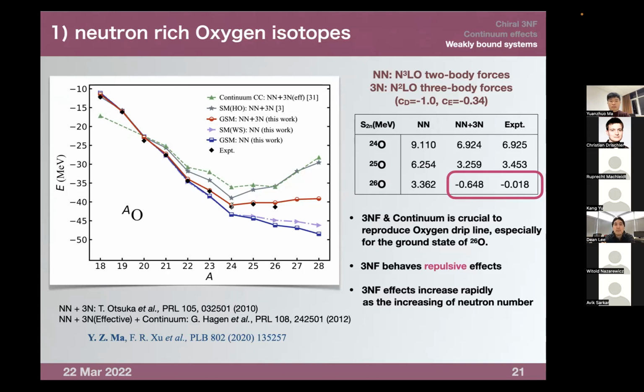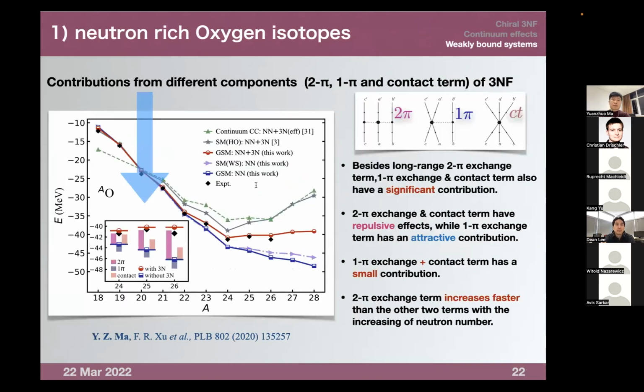Since the chiral three-body force at next-to-leading order has three terms, we want to analyze the effects separately. So here we draw this subfigure, in which we add these three terms onto the calculation with only two-nucleon force, and we can find that the two-pion exchange and the contact term have repulsive effects around this region, and the one-pion exchange term has some attractive effects.